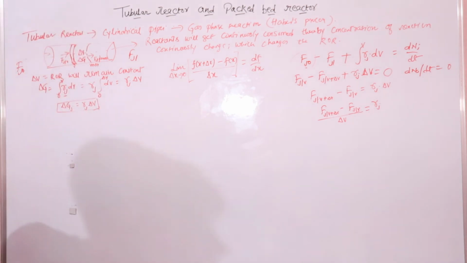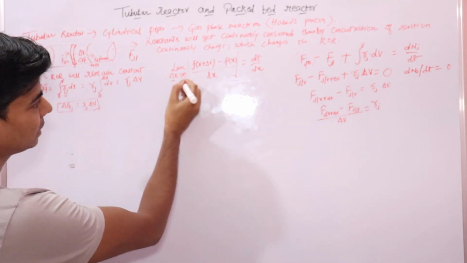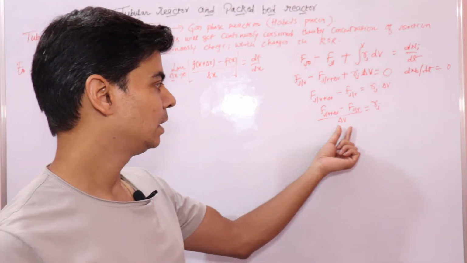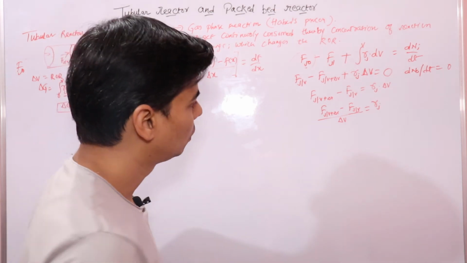This is the formula. Now we will apply the limit that delta V is small, delta V tends towards 0.